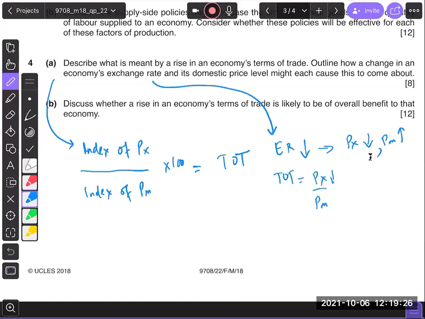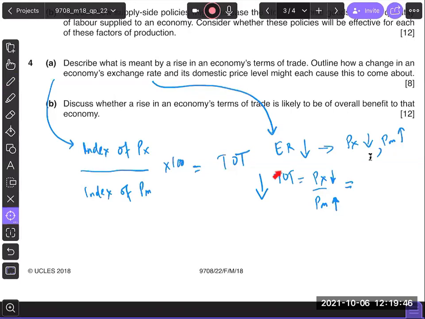So exports become cheaper, imports become expensive, so your terms of trade will fall. So a weaker exchange rate can make the terms of trade worsen as well, right? So exchange rate goes down, exports become cheaper, imports become expensive.